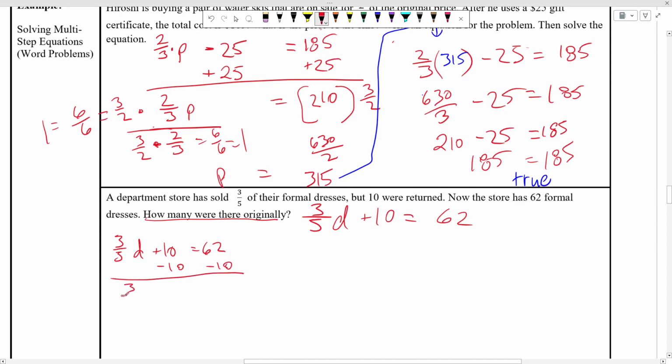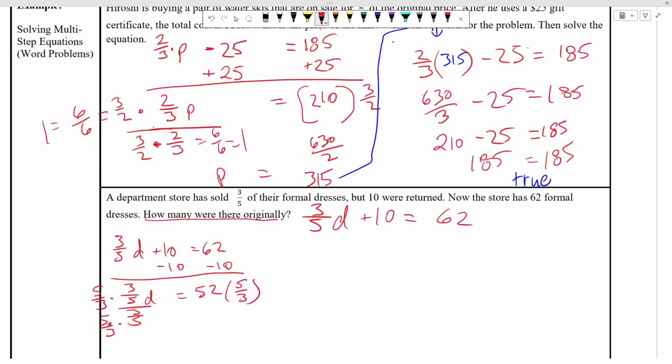Okay, so 3/5 D equals 52. I want to divide by 3/5, which would be the same as multiplying by the reciprocal. And don't forget this time, you have to do it to both sides.